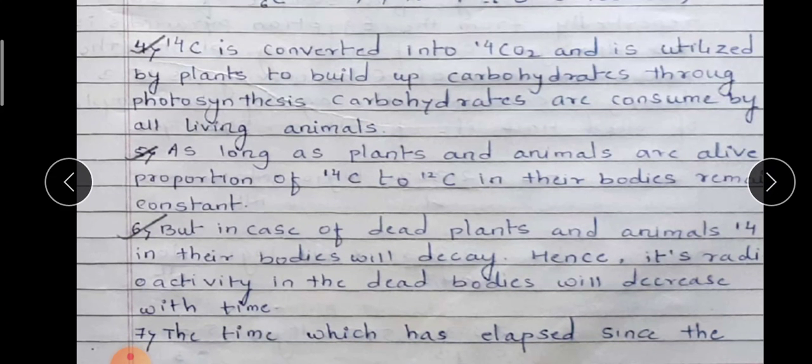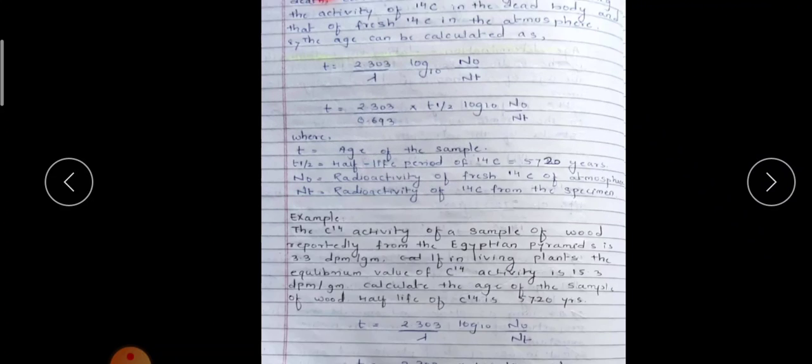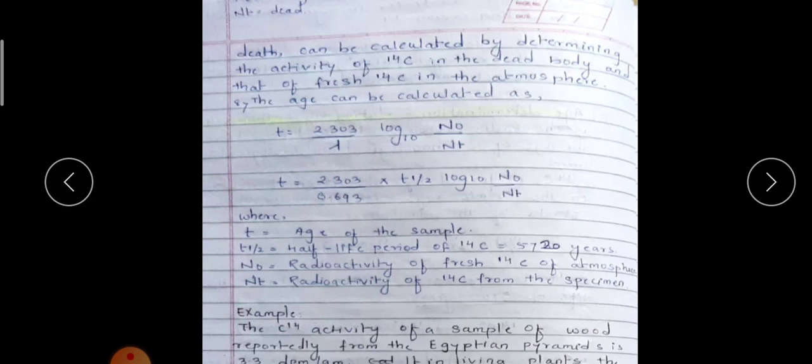The time which has elapsed since the death can be calculated by determining the activity of the 14C in the dead body and that of fresh 14C in the atmosphere.